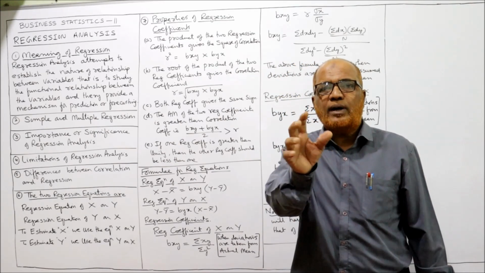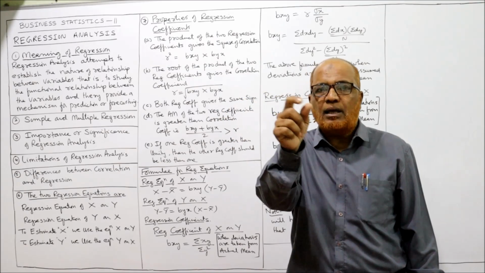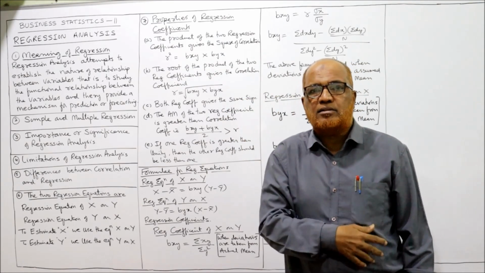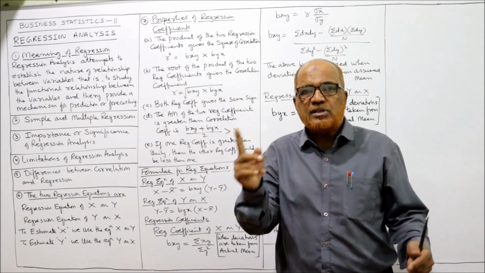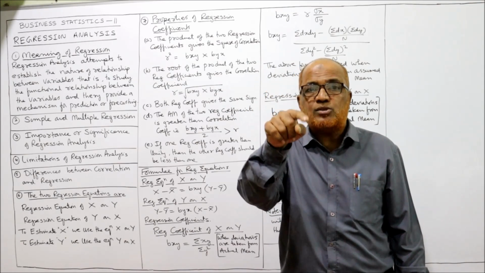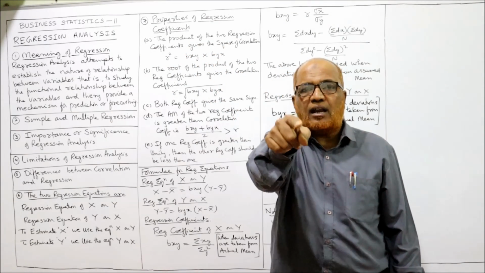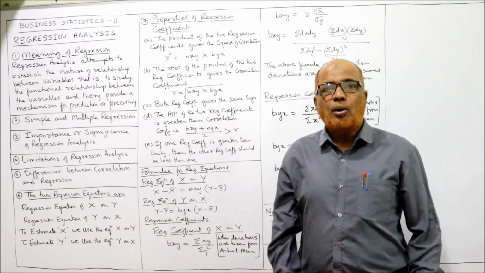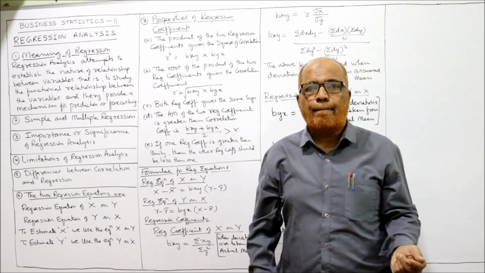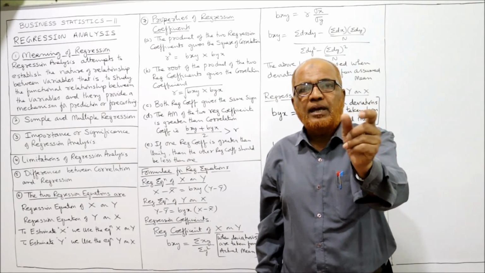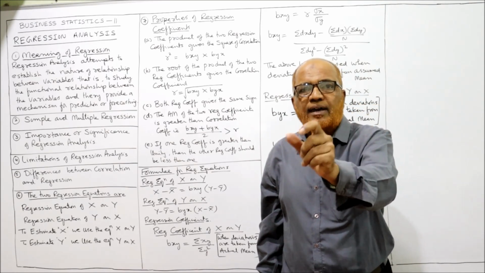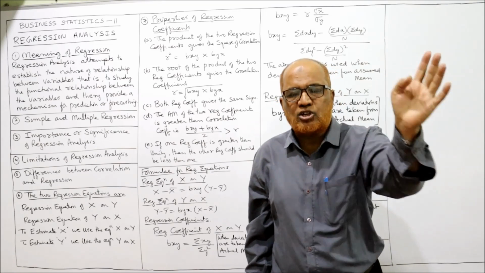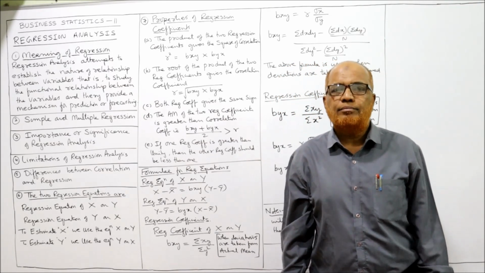That means if bxy is 1.5, then byx may be 0.8. That is correct. One regression coefficient, if it is more than unity, the other must be less than unity. That is a must rule. Both should not be more than 1. If you are getting bxy 1.5 and byx 2.5, that means your calculation has gone wrong.